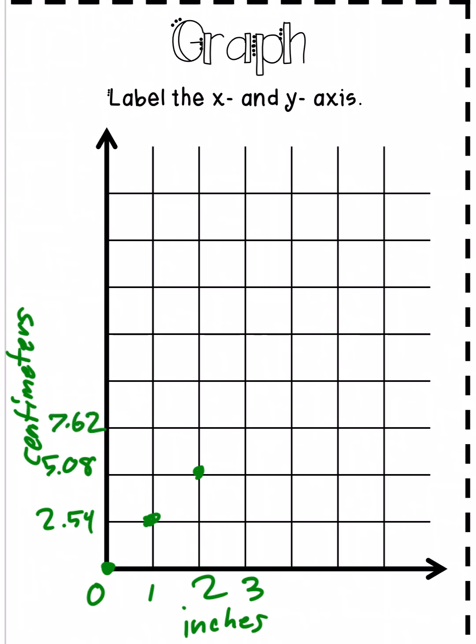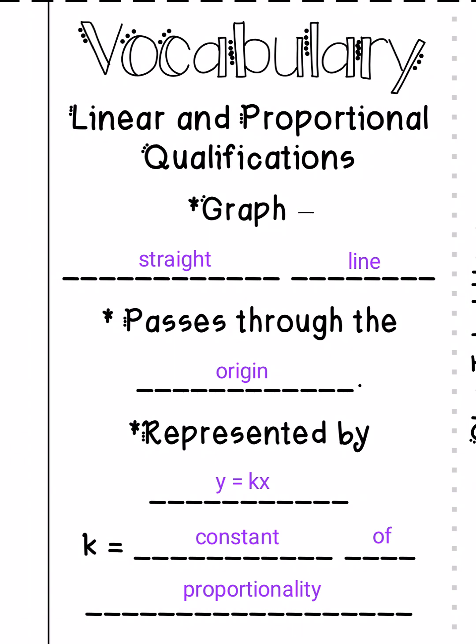So the points from our table. Then we just draw a straight line that includes all of these points and keeps going. We can then find other points on the graph like 4 and 10.16.